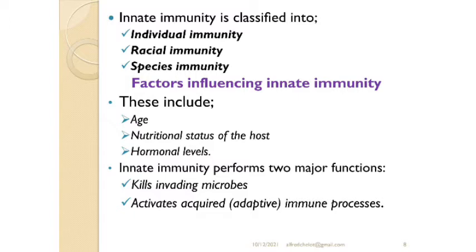Moving on to racial immunity, this denotes a difference in susceptibility or resistance to infection among different races within the same species. For example, races with sickle cell anemia are immune to infection caused by the malaria parasite Plasmodium falciparum.